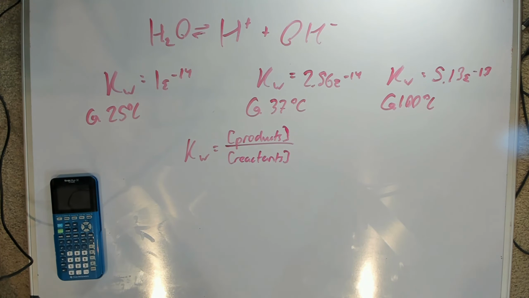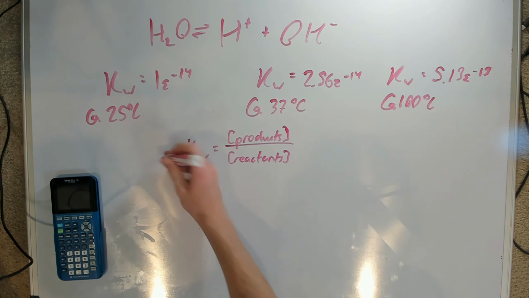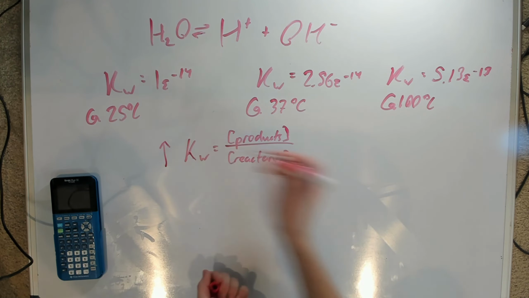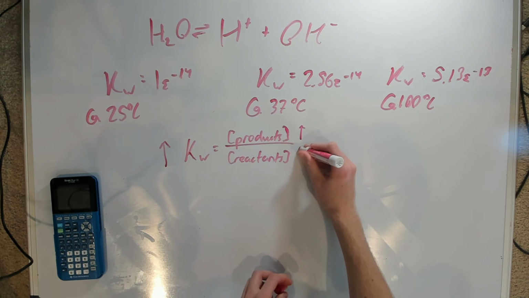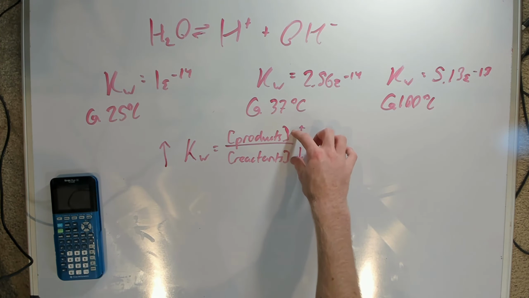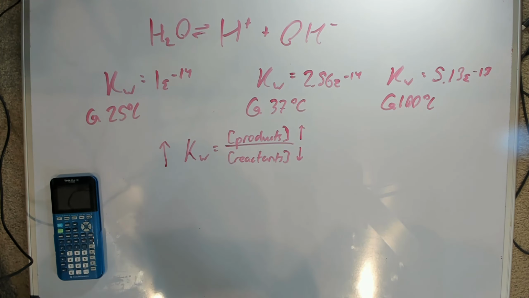So if KW is increasing, now here we go with the whole variable stuff, then that means that the products must be increasing, the reactants must be decreasing, or both. Because that's the only way you can manipulate this equation to make this increase.